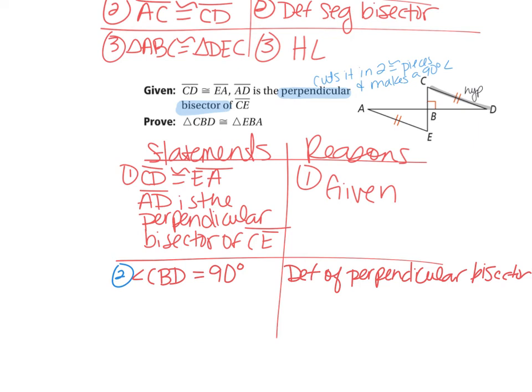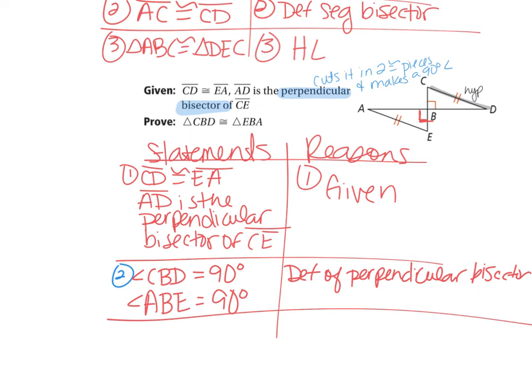Actually, let's just go ahead and do the other one because we can. So what would be the other angle that we need to list? Well, that would be angle ABE, right? That one's also 90 degrees because, like I said, it's perpendicular bisector. That's what they do. Okay, so now we know they're right triangles, both of them.